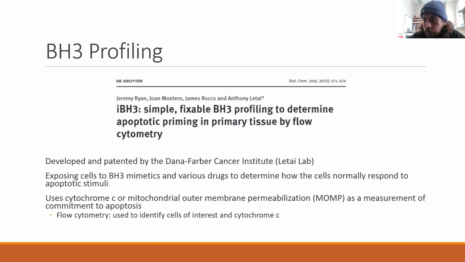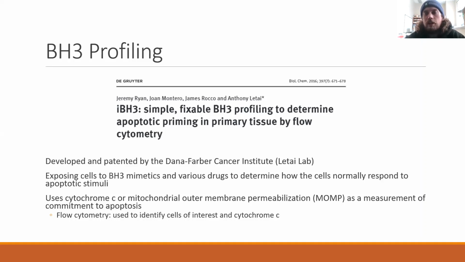So I defer to them in terms of anything related to BH3. They actually helped us start the protocol in our lab, but they have patented this, and so any more in-depth questions beyond my knowledge are deferred to them, as they are the experts in this.